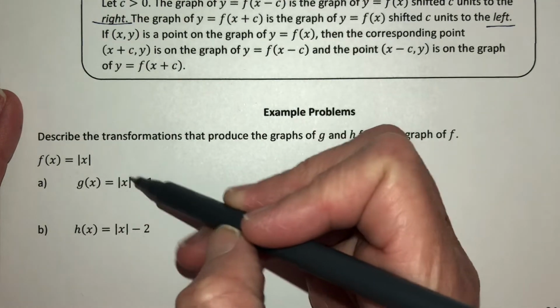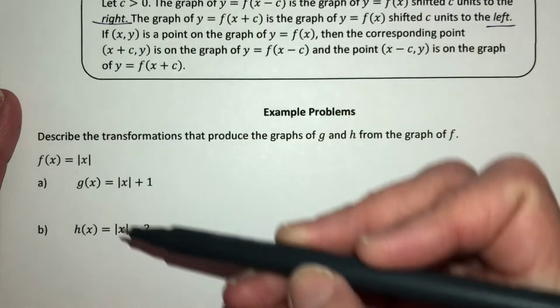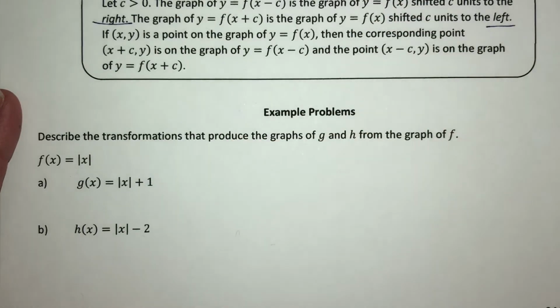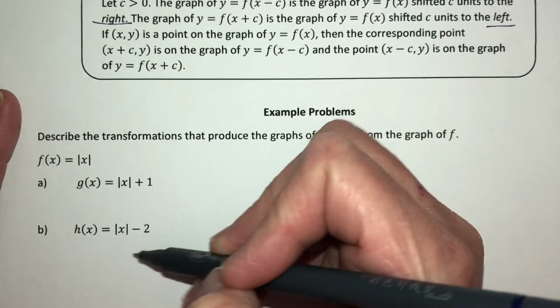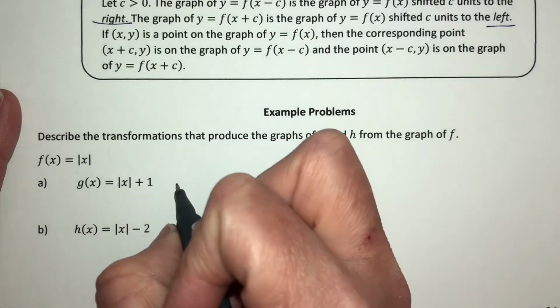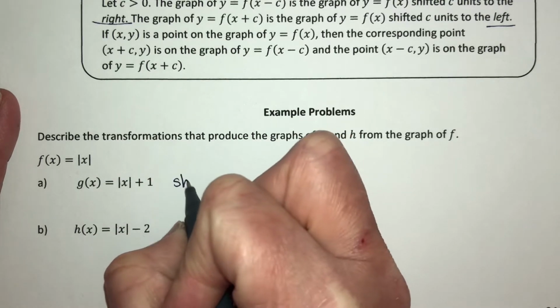Well, I have the absolute value here, and it's exactly the same as this. So there have been no changes inside of the function. Everything here is outside. Since it is outside, it's going to be a vertical shift, and vertical seems correct. This is +1, so we're going to take this graph and shift it up 1.